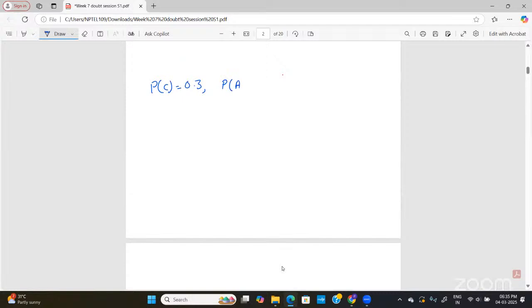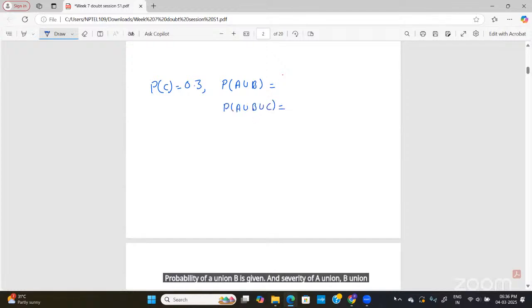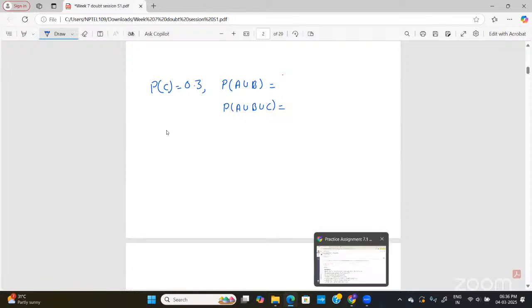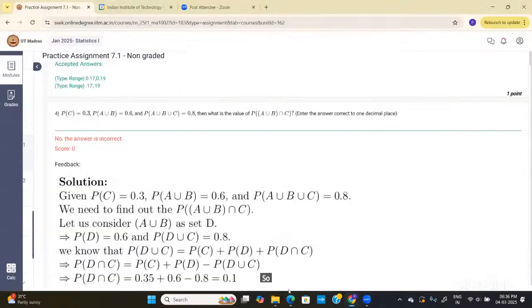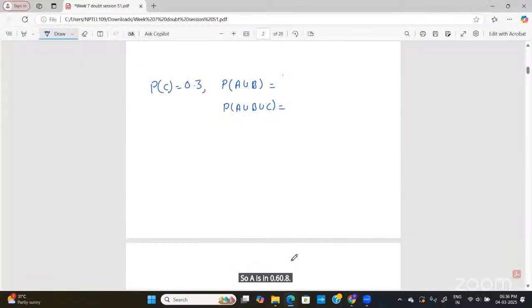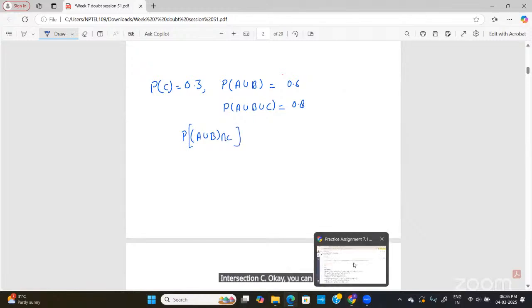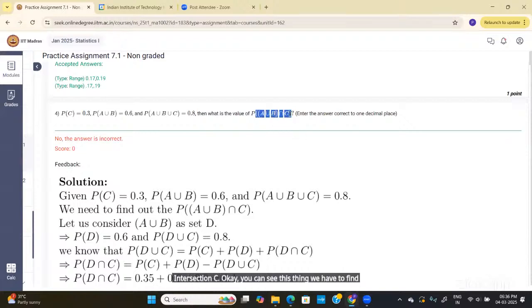Probability of A union B is given, and probability of A union B union C is given. So A union B is 0.6, and A union B union C is 0.8. We have to find probability of A union B intersection C.